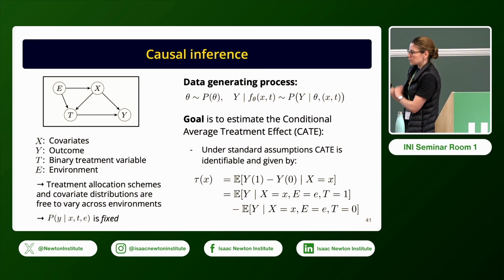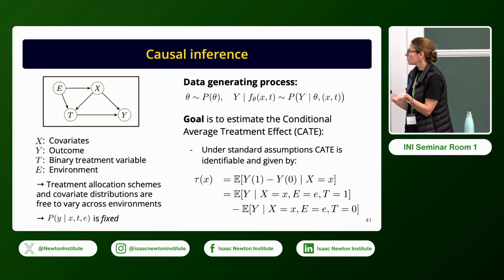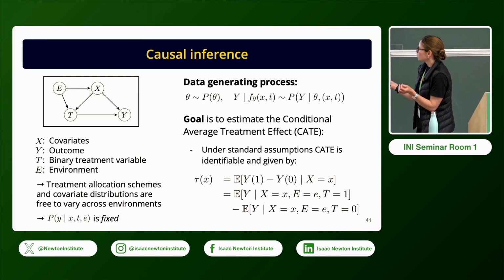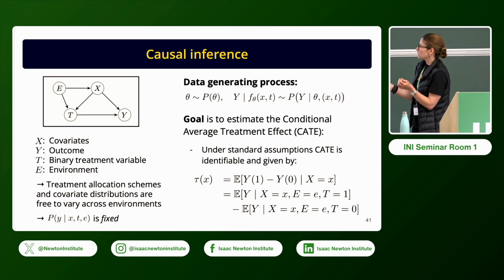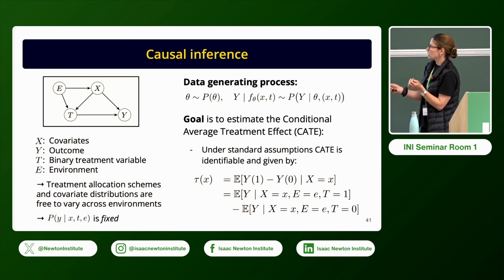And under standard assumptions, the CATE is identifiable, and it will be given by this difference in expectations, right? So this is the expectation of the outcome given treatment is 1 minus the expectation of the outcome given that the treatment is 0. So this is kind of the potential outcome framework.